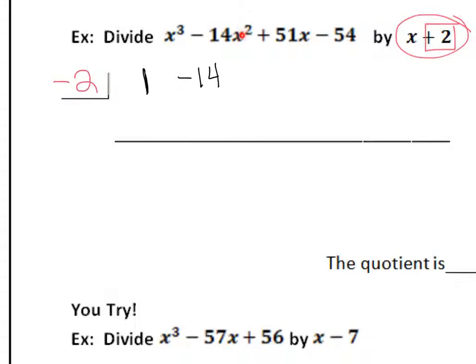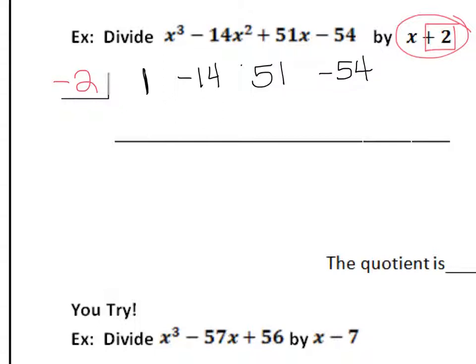After an x squared, we would expect to see just an x. So far, so good. So plus 51, that's a positive 51. Well, the x doesn't have an exponent, which means the next thing we'd be looking for would be a number without a variable. We do, that's a negative 54.